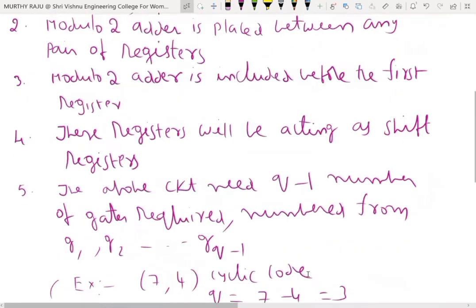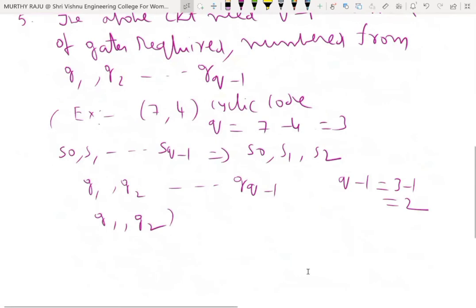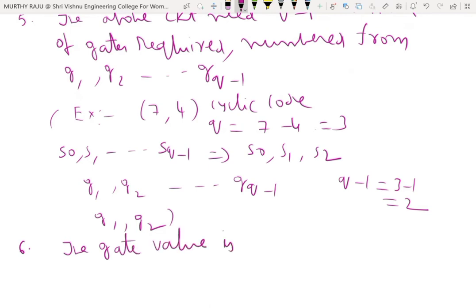Next, the sixth point, an important point: the gate values, that means G1, G2, and so on up to G(q-1), are derived from the generator polynomial equation.